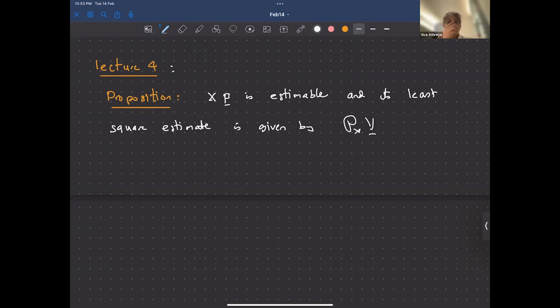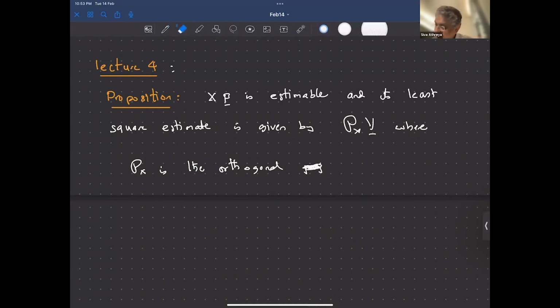You may not have seen this notation. We'll try to review it slowly over the course of the program, where P_X is the orthogonal projection onto the column space of X. Very good.